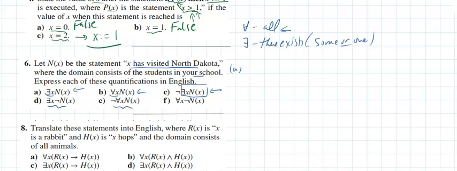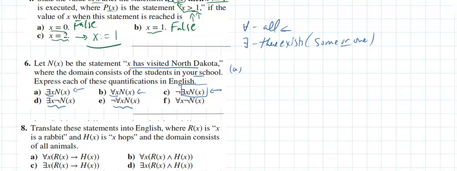E. Oh, I'm sorry. It's not true that every student in the school has visited North Dakota, or not all students in the school have visited North Dakota. I didn't mess up on D. Did I mess up on D?